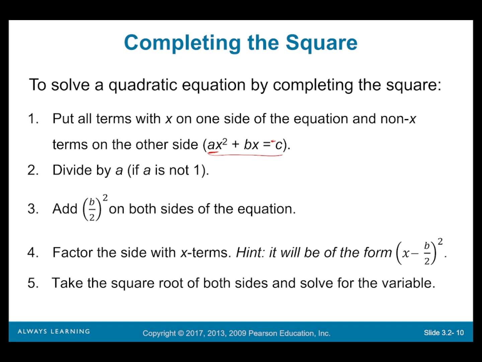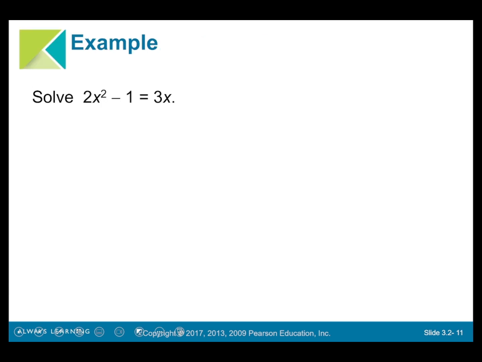Then this is going to be the weirdest thing, but we're going to add b divided by 2, squared, to both sides of the equation. Since we're doing it on both sides, we won't change anything about the equation, but you're going to see that now the left-hand side actually becomes something we can factor. And in fact, it's going to factor into something of this form. So then all we'll have to do is take the square root of both sides and we'll be able to solve for the variable. So let's see this in action.